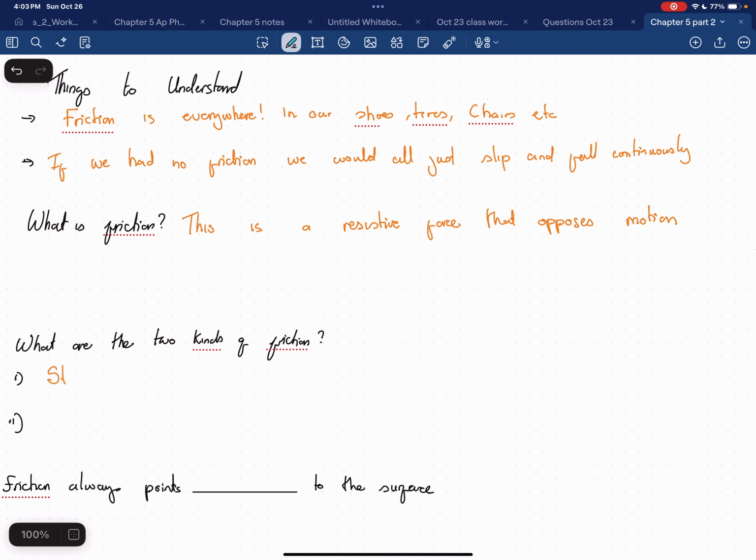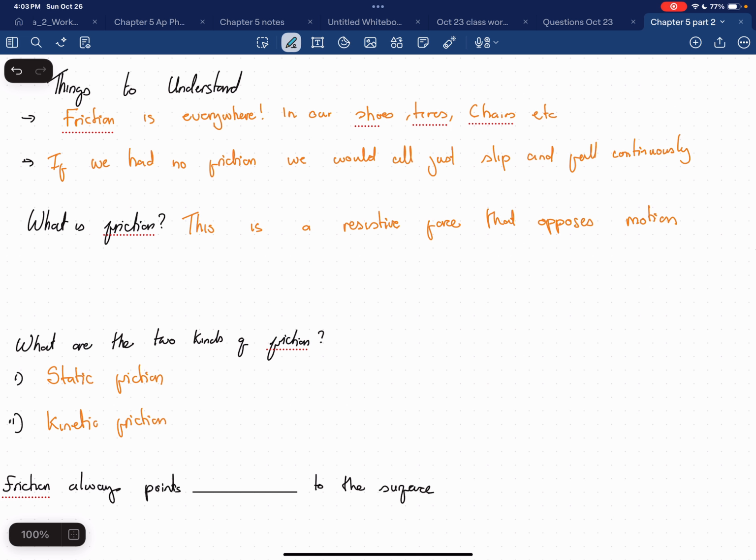We have static friction and kinetic friction. It's kind of like how we have static equilibrium and dynamic equilibrium, but never confuse the two. Just be aware of the two definitions and the distinctions, and try not to confuse them.